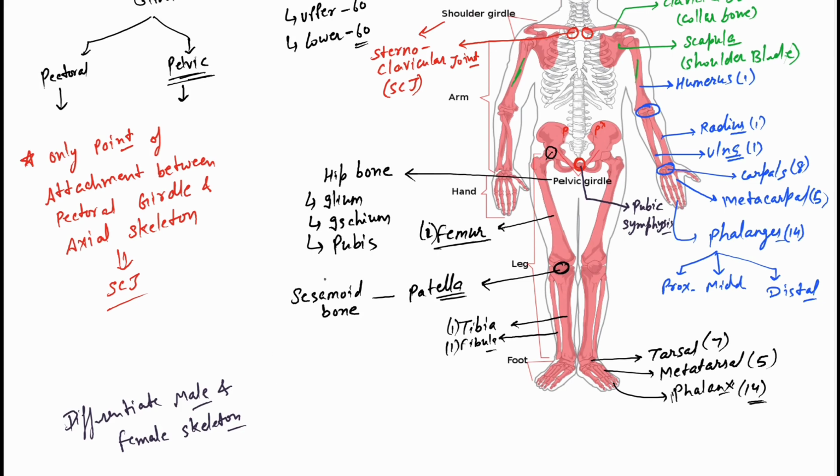In the female the pelvic region will be wider, and in the male the pelvic region will be smaller. So we can easily differentiate the male and female skeleton on the basis of the pelvic width.